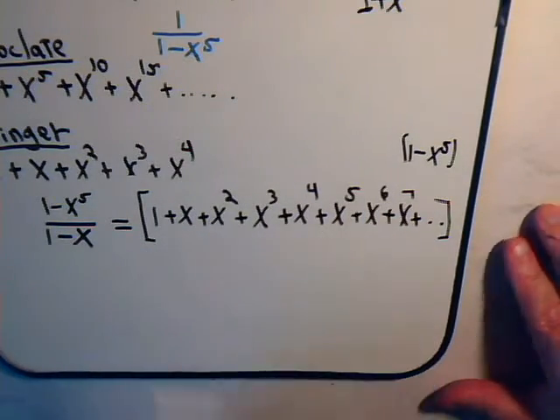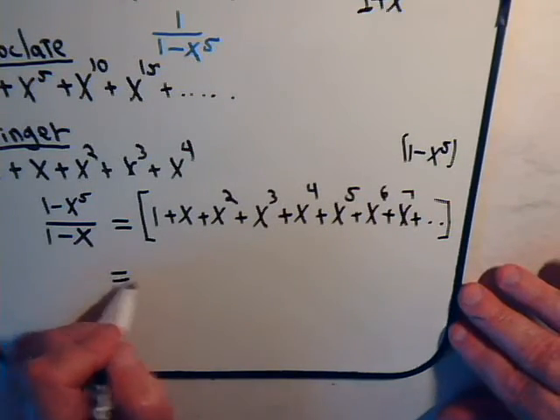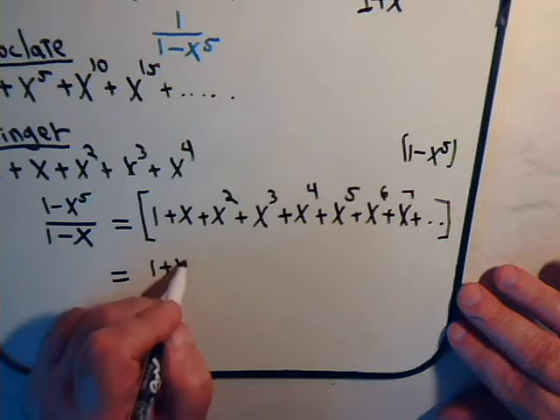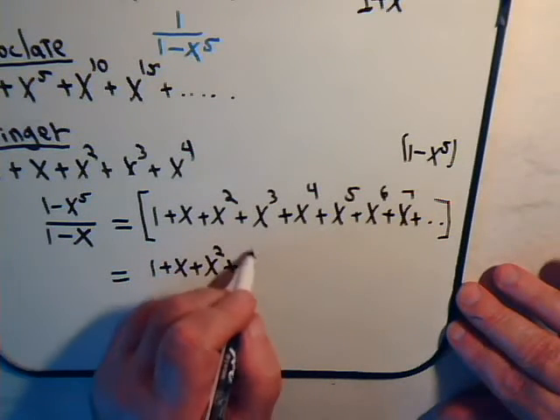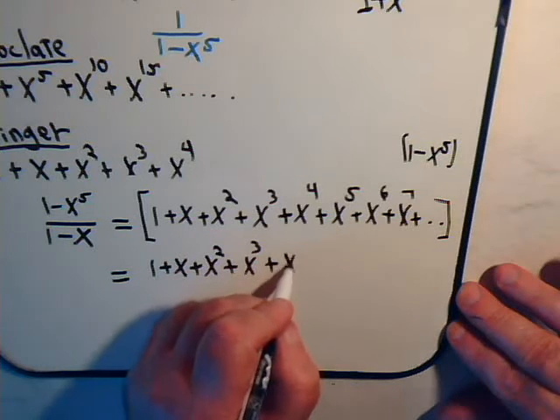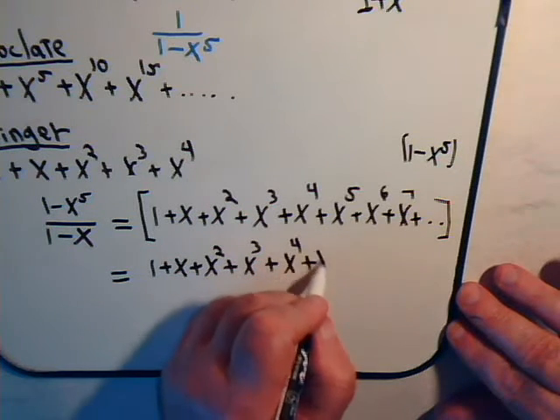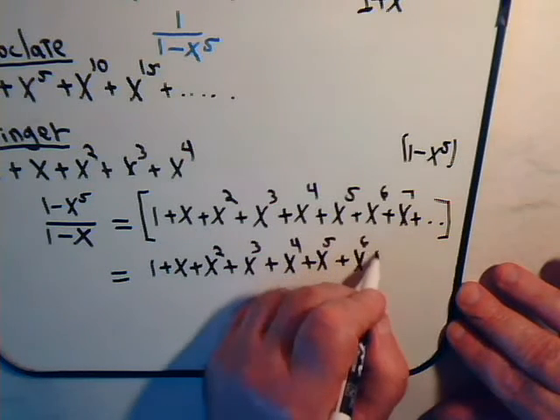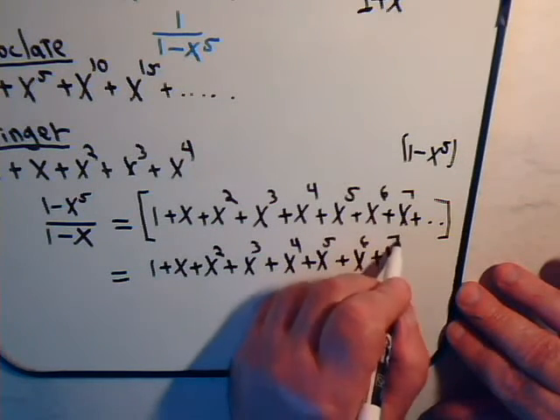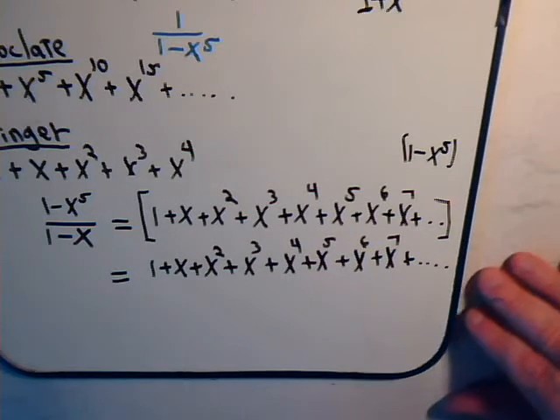1 times all these terms, we'll write all these terms out again: 1 plus x plus x squared. It gets tedious, but we don't want to make any mistakes. Like this.